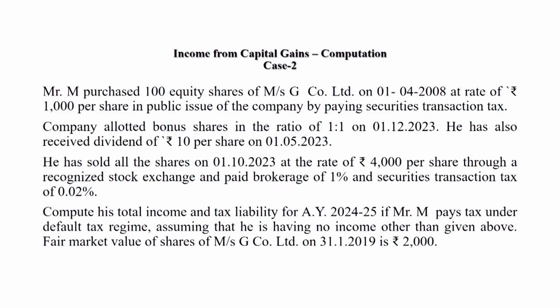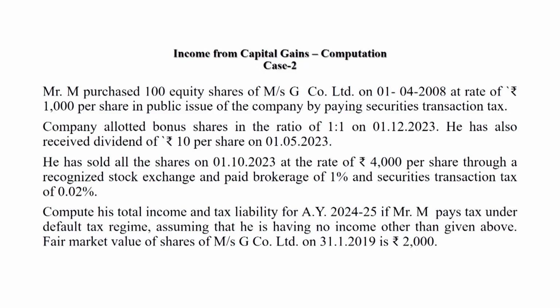G Company Limited on 1st April 2008 at the rate of rupees 1000 per share in a public issue of the company, by paying security transaction tax, that is STT. So Mr. M purchased 100 equity shares at the rate of 1000, so 1000 into 100 is equal to 1 lakh. This 1 lakh has been paid by Mr. M for getting the securities of Messrs. G and Company with paying the security transaction tax, that is STT.